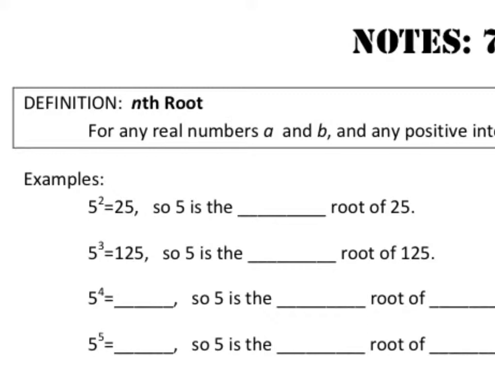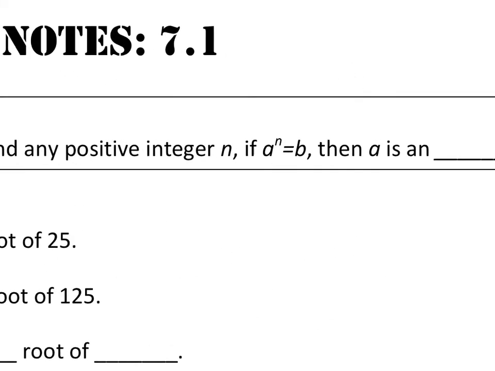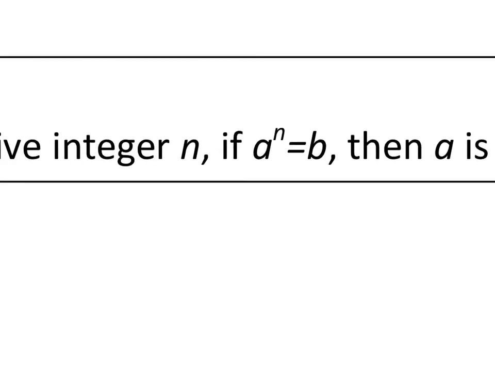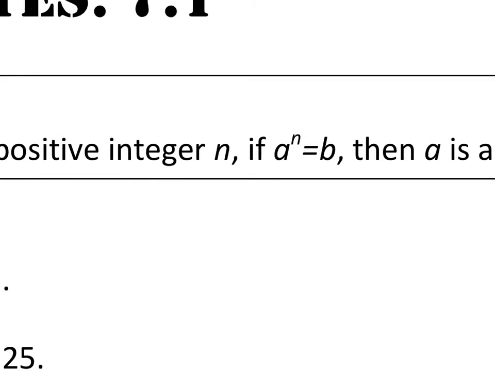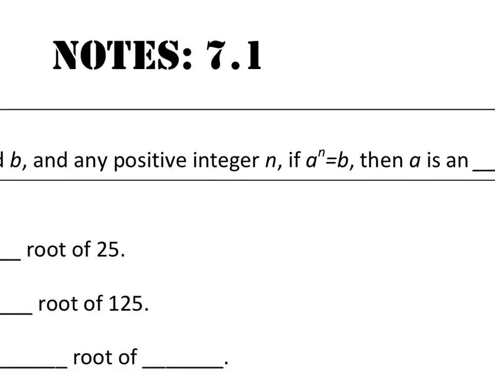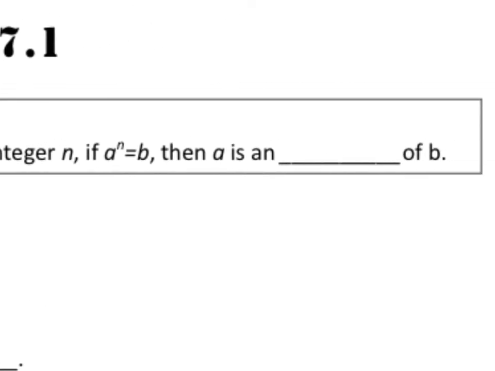Anything can go in there, and basically it's saying if you have something that looks like this, a to the n equals b. A and b are both real numbers, and n is a positive number. Then a is an nth root of b.